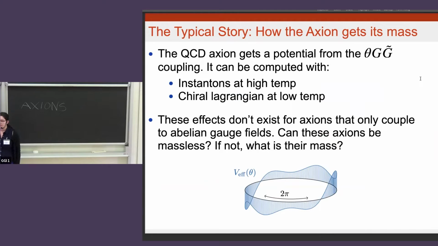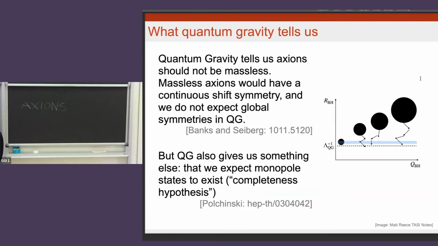But none of these types of effects exist for abelian gauge fields. And so we run into the question of whether or not these axions can be massless, and if not, what is their mass? We can get some answers from quantum gravity.